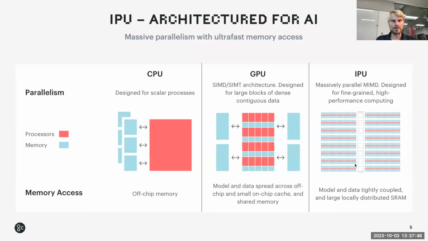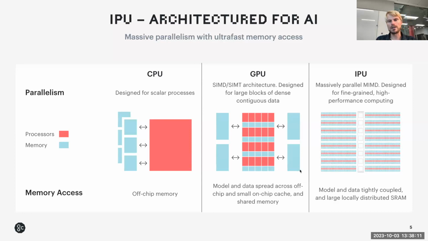This can be compared to GPUs that are SIMD machines with warps of threads running the same operation on large vectors of data. So GPUs are designed for large blocks of dense contiguous operations on vectors. And GPUs have a large amount of HBM available at a lower bandwidth.